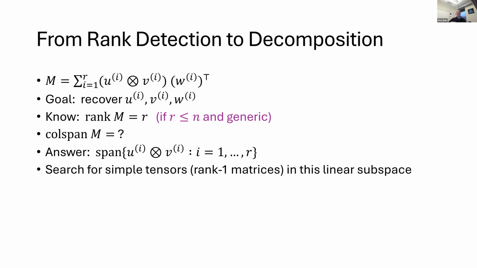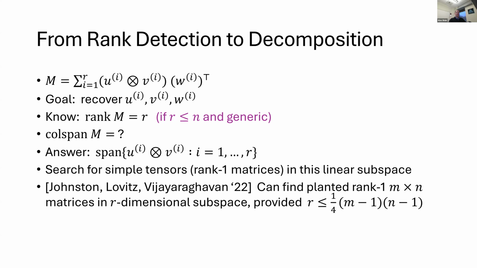In other words, if I think of this thing U tensor V as being shaped as a matrix rather than a vector, you can imagine that we're given a linear subspace of matrices, and we want to find rank 1 matrices inside that subspace. And this is a problem that's been studied recently in this very nice work.